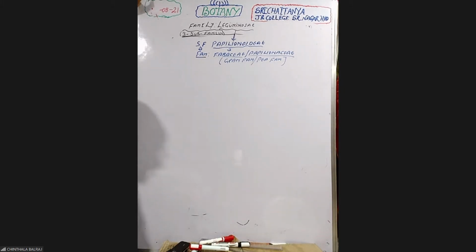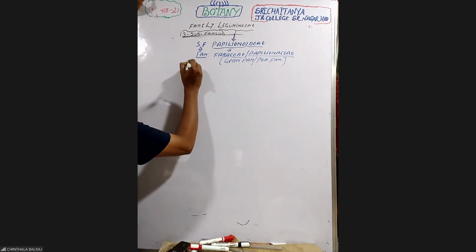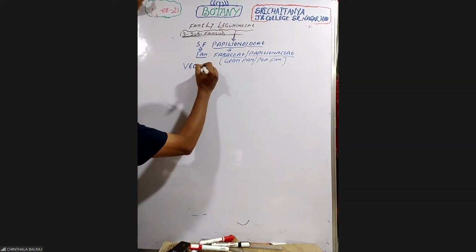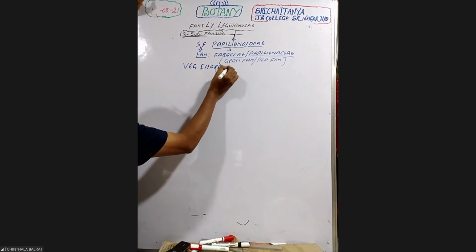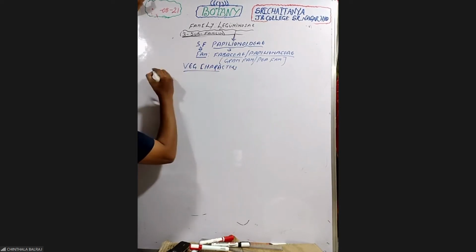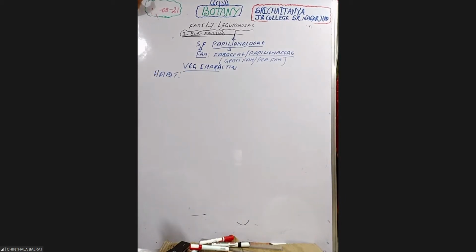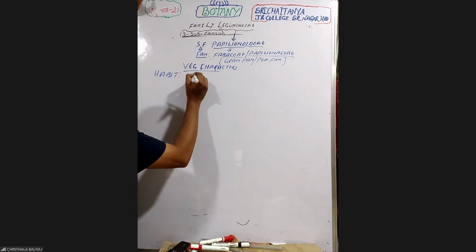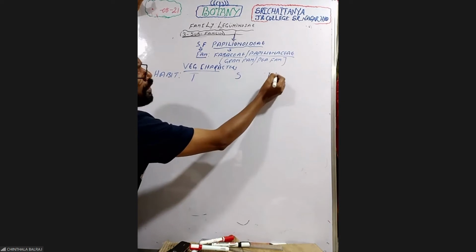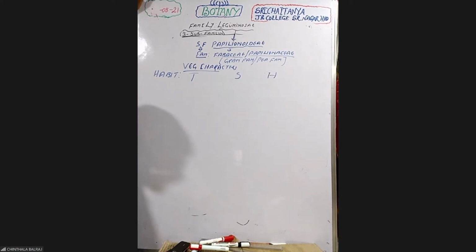So, if we discuss vegetative characters, what is the habit of this family? Which type of plants are included here? TSH. You know the full form of TSH? Trees, herbs, shrubs.